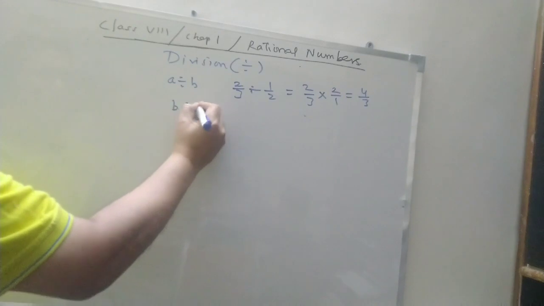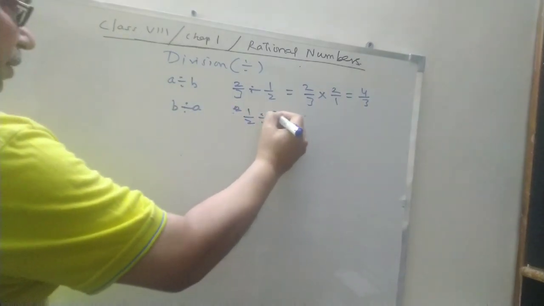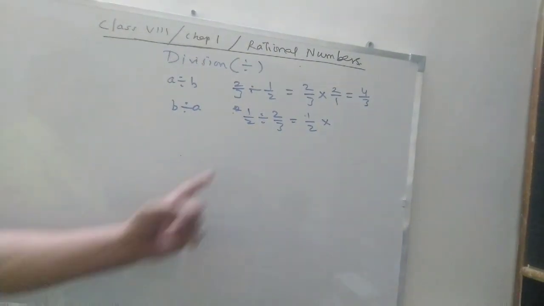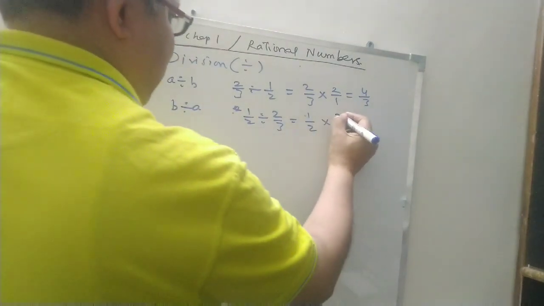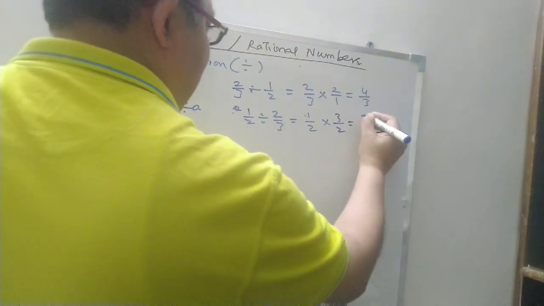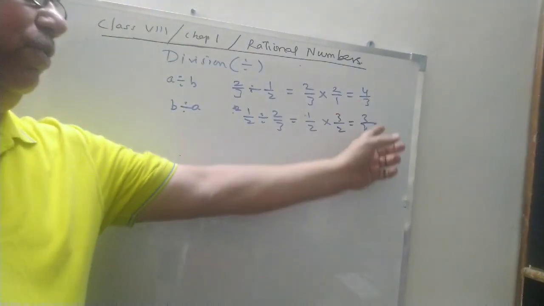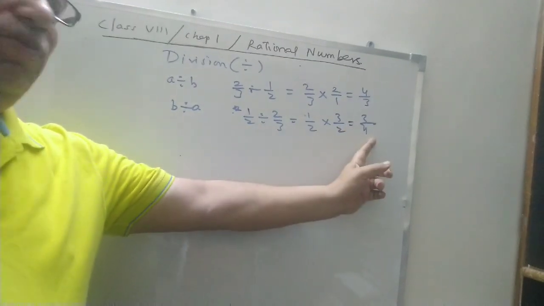Now let me do B divided by A, half divided by 2 by 3. Again, instead of division, we put multiplication. Instead of 2 by 3, we put 3 by 2. So what do we get? We get 3 by 4. Are the numbers equal? No, 4 by 3 can't be equal to 3 by 4. 4 by 3 is an improper fraction. 3 by 4 is a proper fraction.